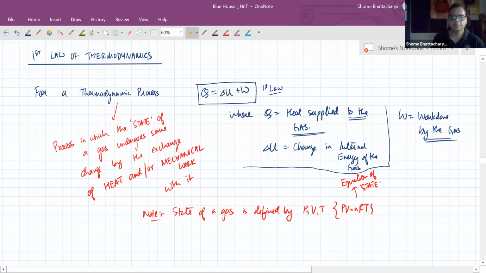So its pressure, volume, and temperature, at least one of them is undergoing some change. Such a process is called a thermodynamical process. And that's happening with the exchange of heat and or mechanical work. Okay.